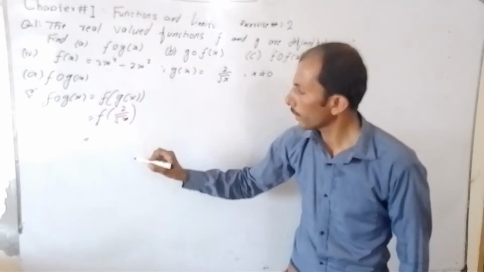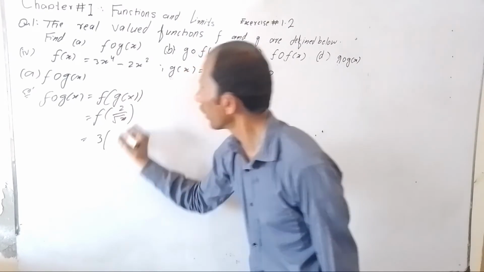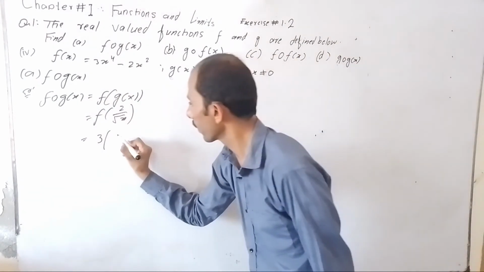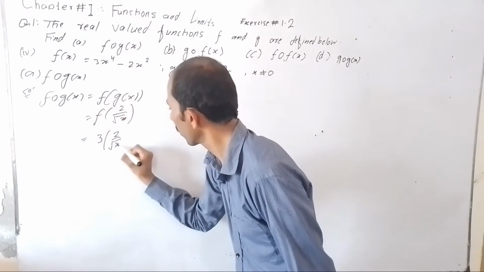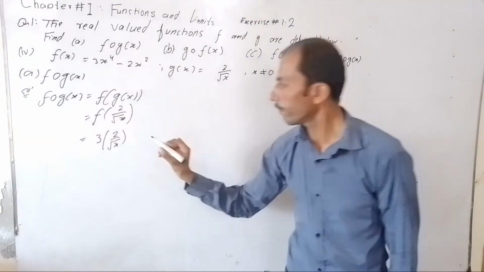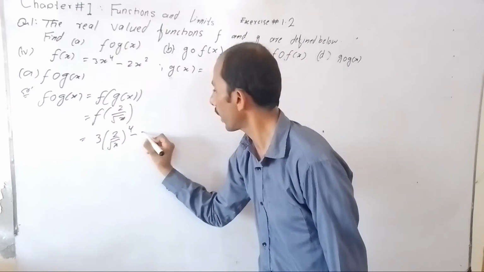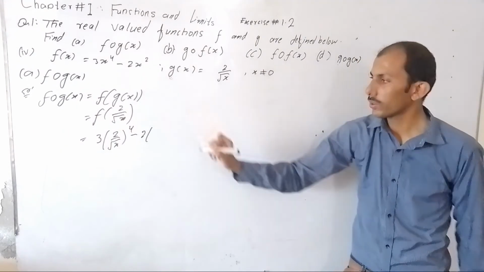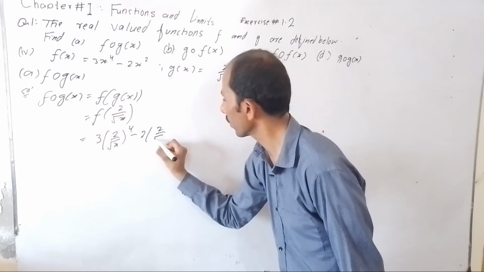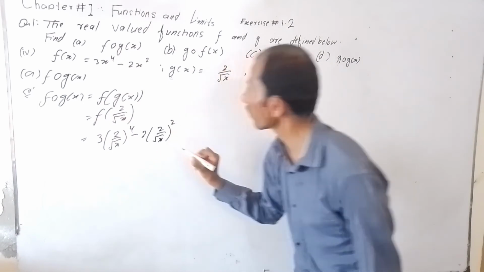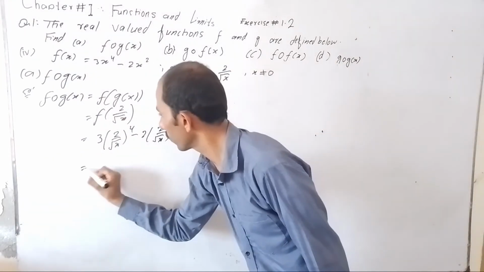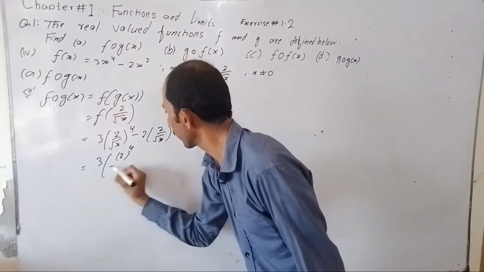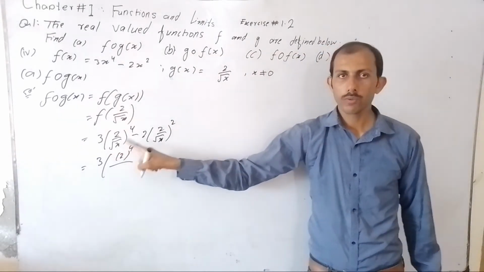So 3 times, replace x by 2 divided by the square root of x, whole power 4, minus 2 times, x replaced by 2 divided by the square root of x, whole square, is equal to 3 into 2 power 4 over the square root of x power 4.